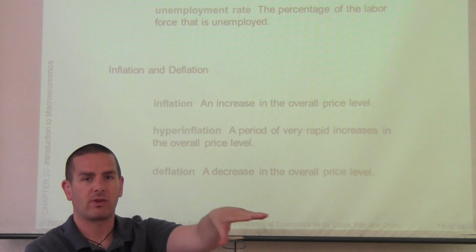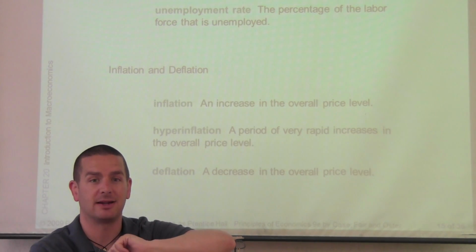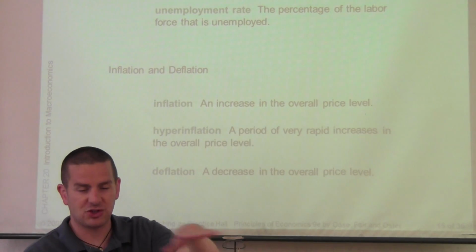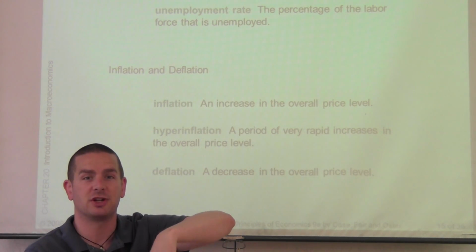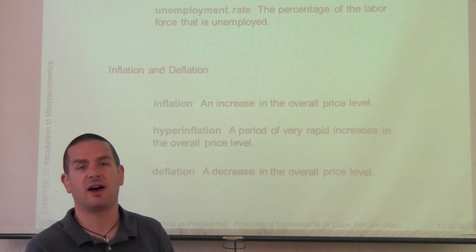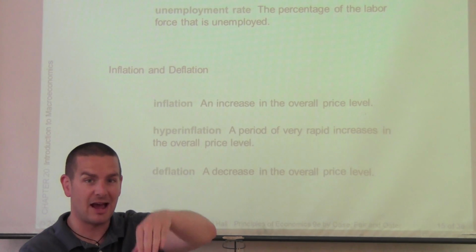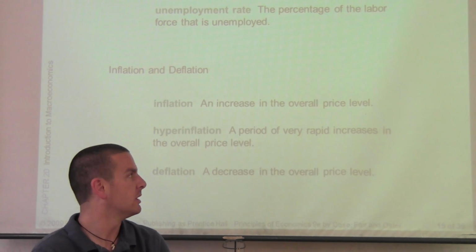It's the general cost of everything you buy. Well, if that general price level goes up, you have inflation. If that general price level goes way up, you have hyperinflation. And if that general price level goes down a little, then you have deflation, okay?